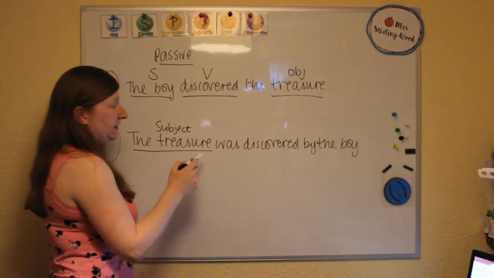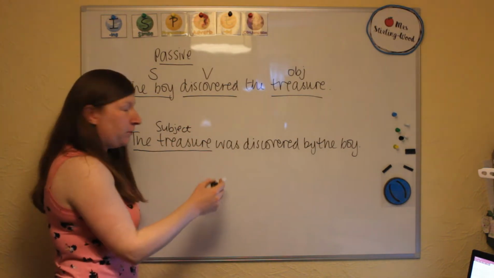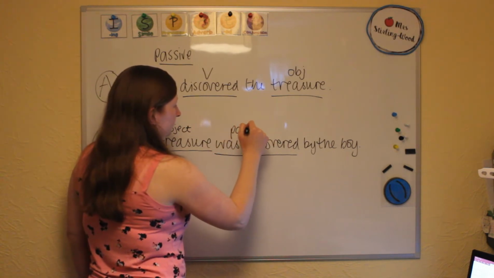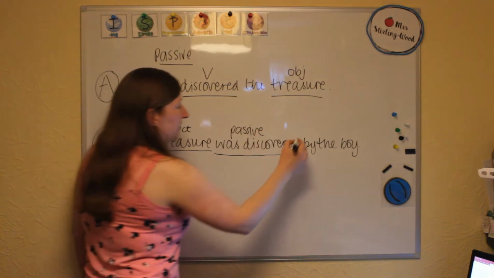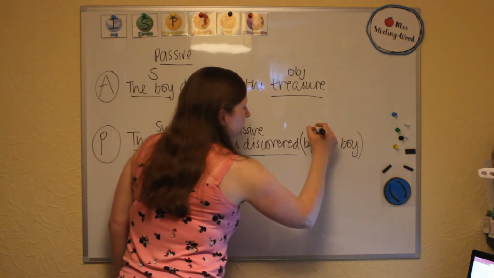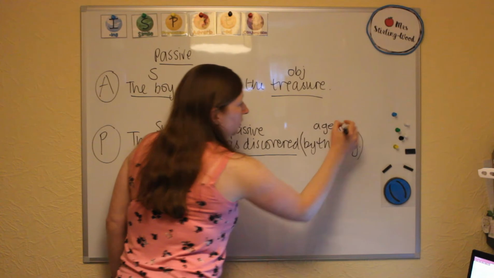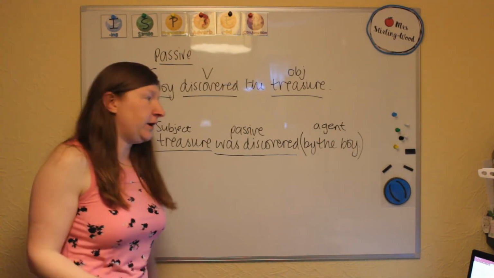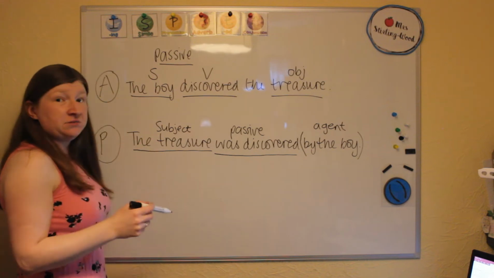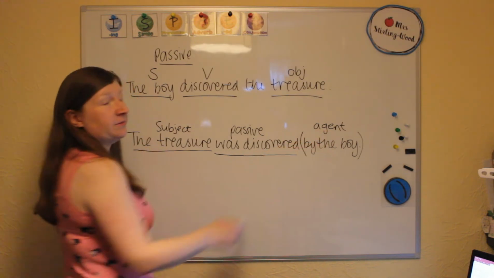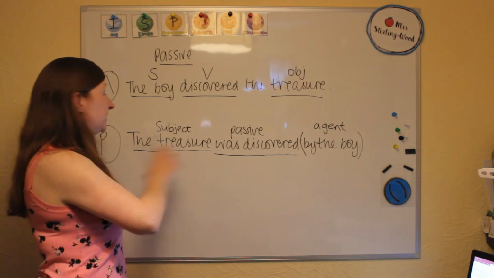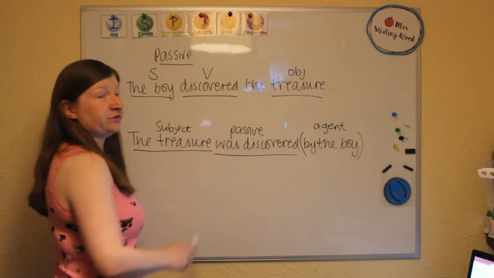It's the thing that the verb is about. This is our passive, and this bit at the end, by the boy, we call that the agent, the person who is doing the action. Now what we can do as well is we can leave out the by the boy and the prepositional phrase and the sentence still makes sense. The treasure was discovered.